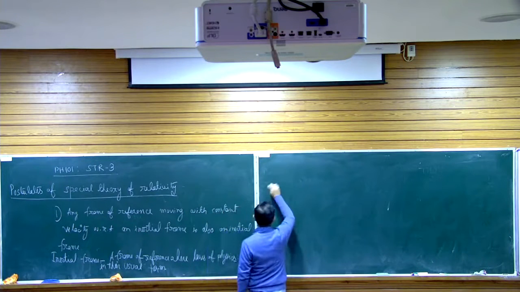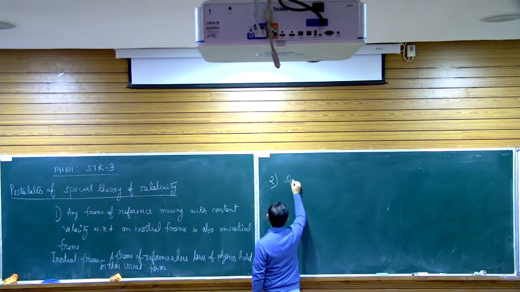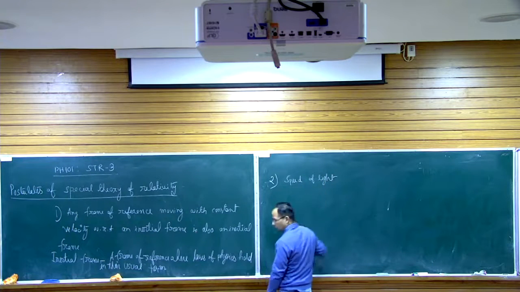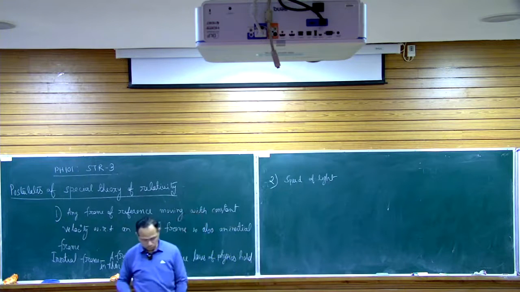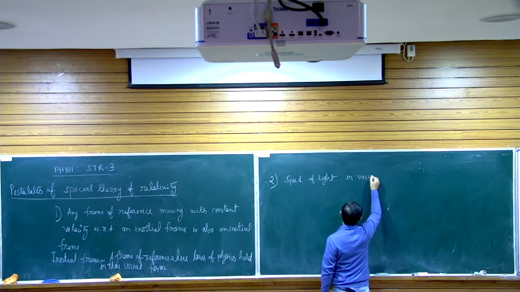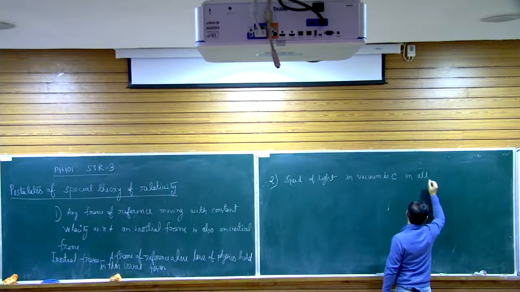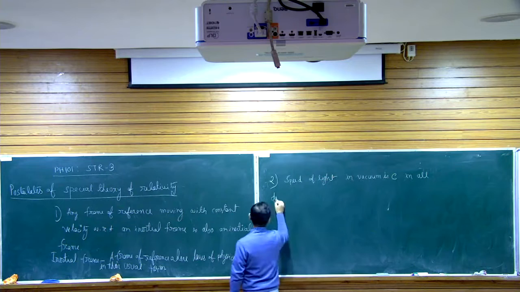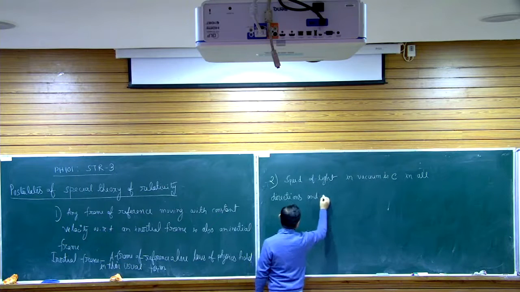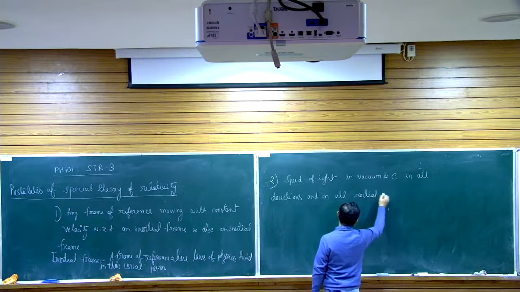Then the second postulate, which is coming as the outcome of the Michelson and Morley experiment, is that speed of light in vacuum is c in all directions and in all inertial frames.